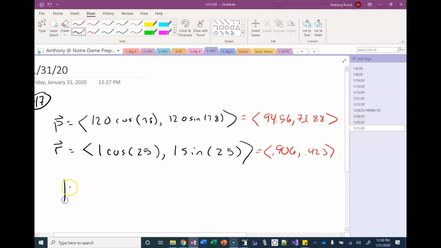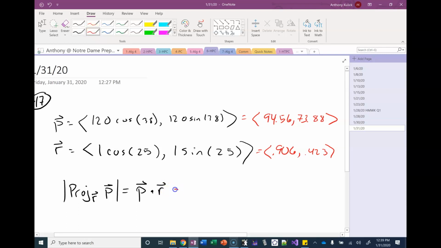Now, since the unit vector is 1, I know the magnitude of the projection of P onto R is really just the dot product of P and R. Are we okay with why that's true, Ange?